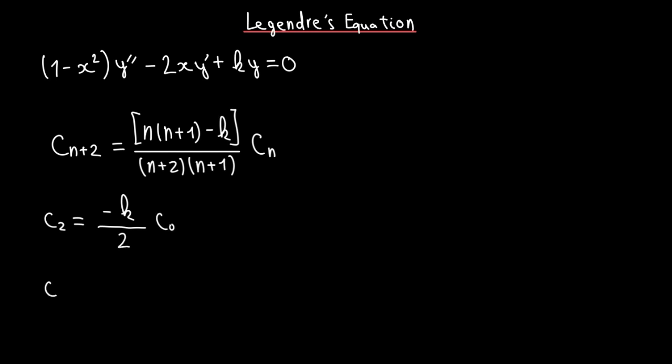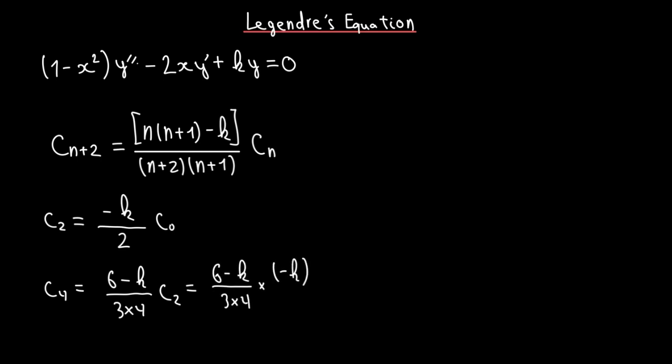And similarly, C4 is equal to, this time n is equal to 2, so 2 times 3, 6, minus k, divided by 3 times 4, C2, which is also equal to 6 minus k, divided by 3 times 4 times minus k over 2 C0.